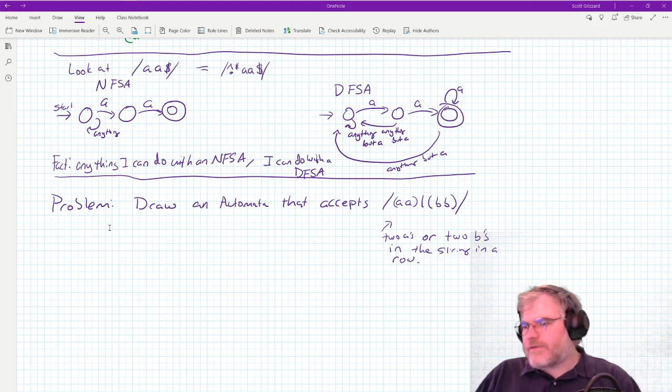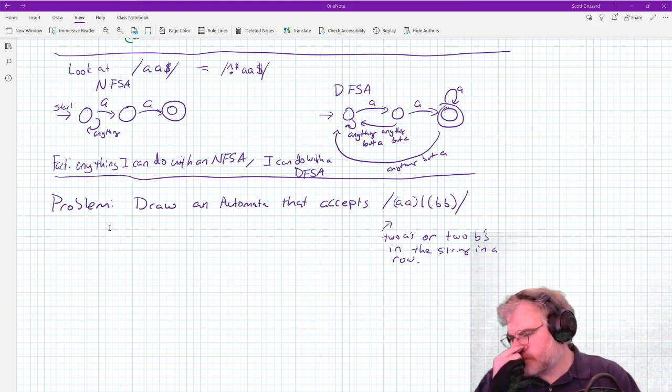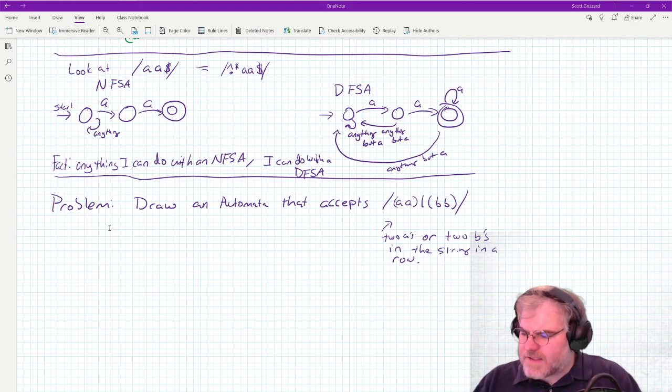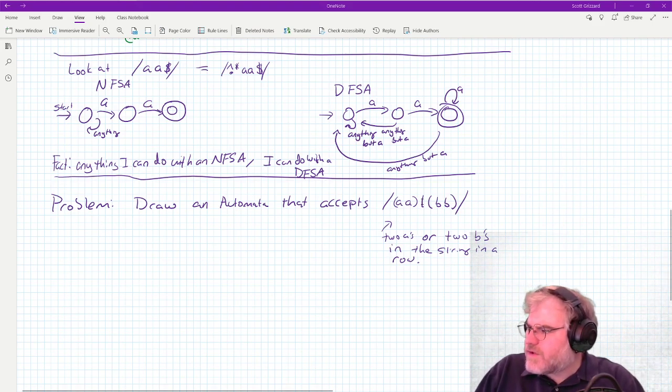Well, how do I do this? Two A's or two B's in the middle of a word. All right, so the first thing I notice is I've got this state here, this two A's or two B's bit. Notice I've got no terminal and no initial point.